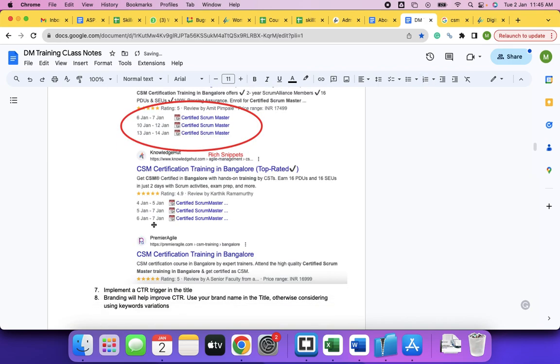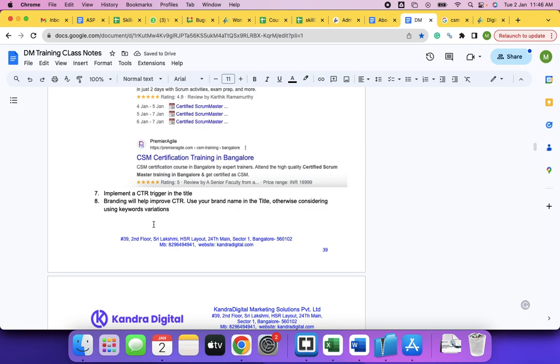Okay, yeah. So branding will help improve the CTR. How will branding help improve the CTR? Anybody knows? So you have Googled buy shoes online, right? The tendency of you all is to click either Myntra, Jabong, Amazon or Flipkart.